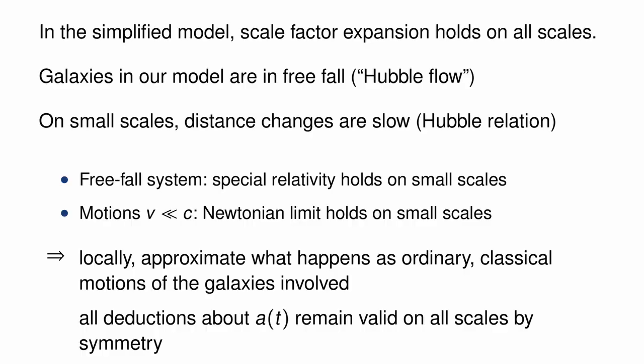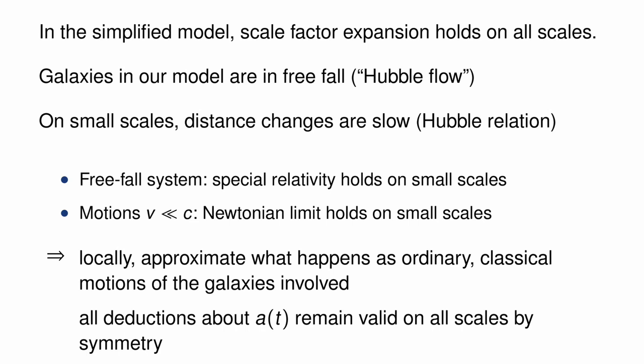All right, so everything that follows next is going to use this kind of argument. It's a local argument using symmetry. So in the simplified model, think about the continuum now, scale factor expansion is valid on all scales. So we can apply it to very small distances as well, as long as the only thing we want to calculate is how things change in a cosmological way.